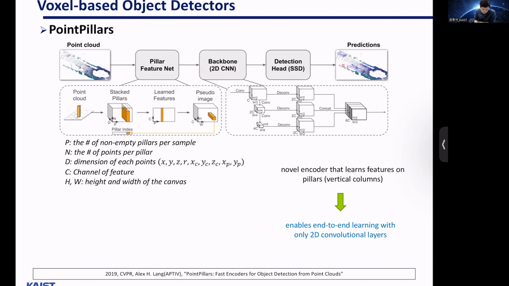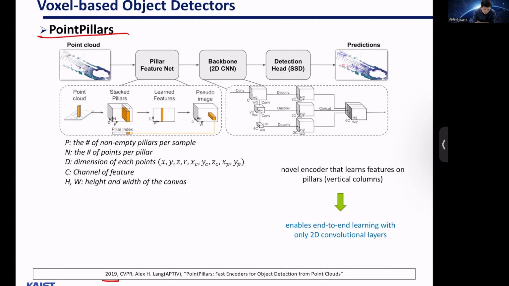And then the next network is point pillars. This one was proposed in 2019, so it's not too long ago. And the key idea of point pillar is, why do we perform 3D CNN when we have very efficient and effective 2D CNN networks, right?